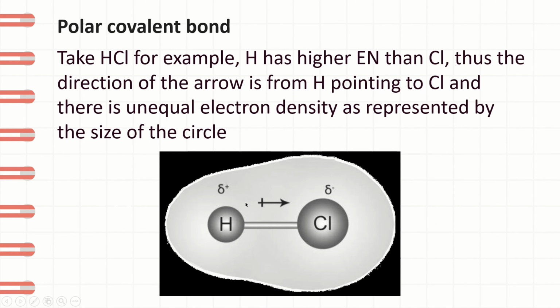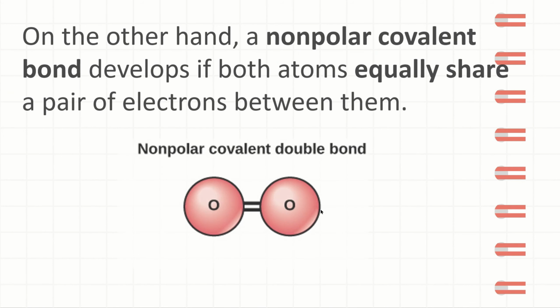This one, we have hydrogen, which has lower electronegativity, which is 2.1, then Cl is around 3.0. That is why the arrowhead goes from the positive one toward the more electronegative atom.